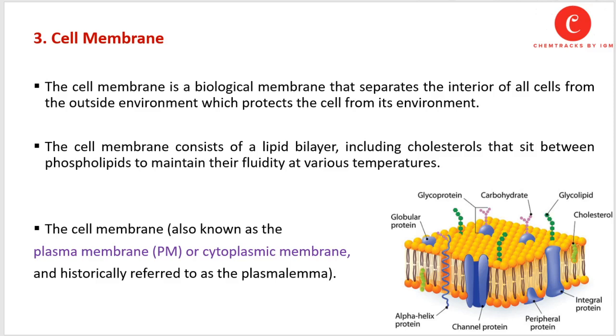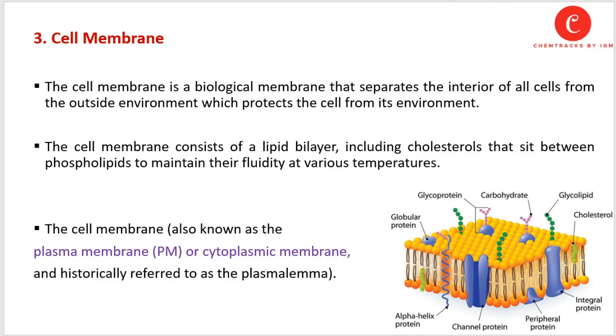The cell membrane is also known as the plasma membrane or cytoplasmic membrane. It is called the cytoplasmic membrane because it is the membrane or layer that is present outside of the cytoplasm.